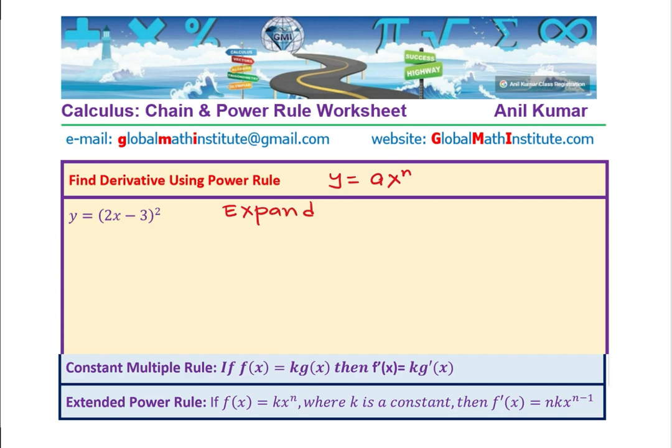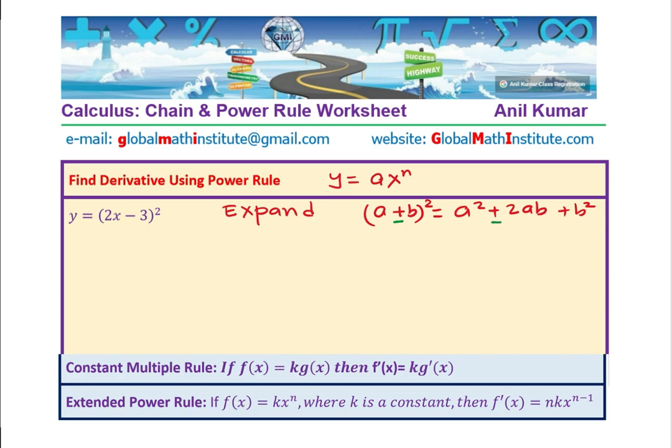You can expand using the formula (a plus b) whole squared, which, as you know, is a squared plus 2ab plus b squared. Now, if it is a minus b, then the middle term is minus. Standard formula known to you.